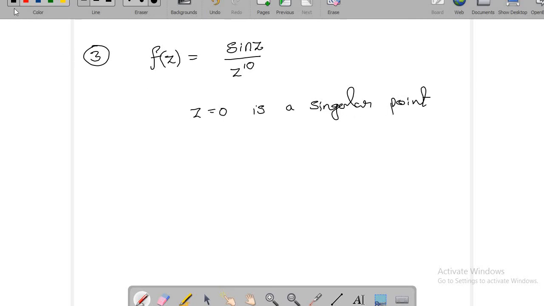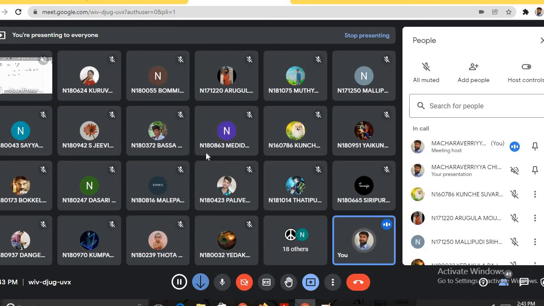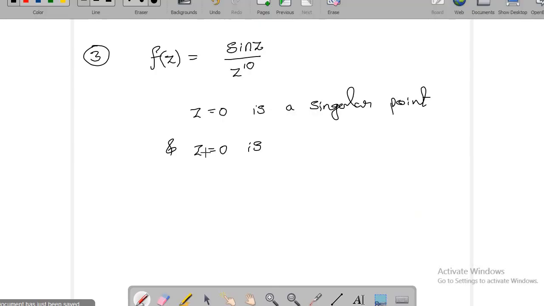What type of singularity is this? Is it a removable singularity, or a pole of order something, or an essential singularity? Pole of order 9, sir. Pole of order 9. Okay. So this is a pole of order 9.